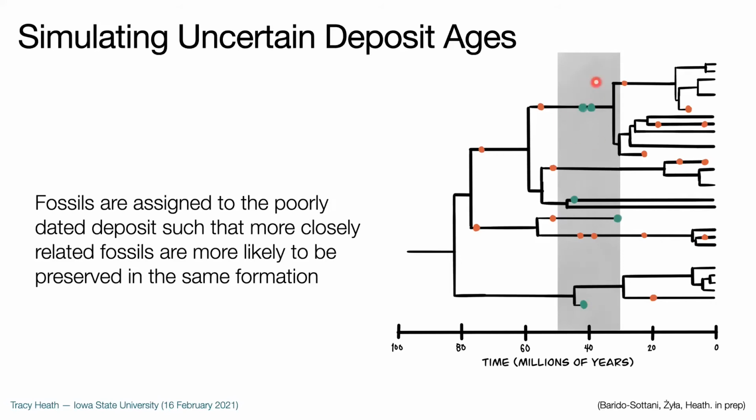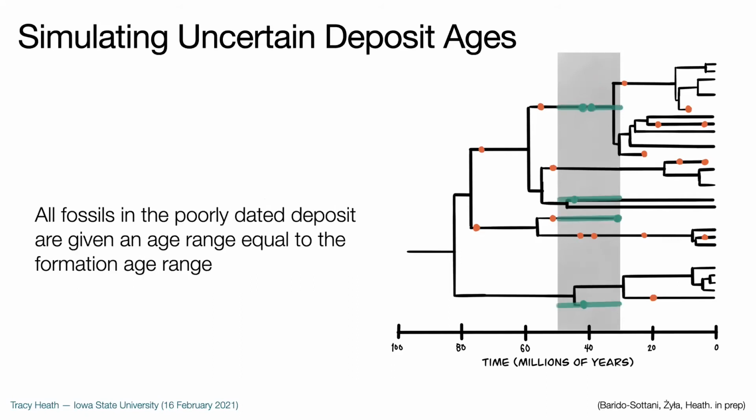We then assigned fossils within our poorly dated deposit time interval to the deposit. For any of the fossils associated with the poorly dated deposit, we gave them an age range that was the entire width of that deposit. This is a way to emulate the nature of the fossil record for many types of fossil data sets.